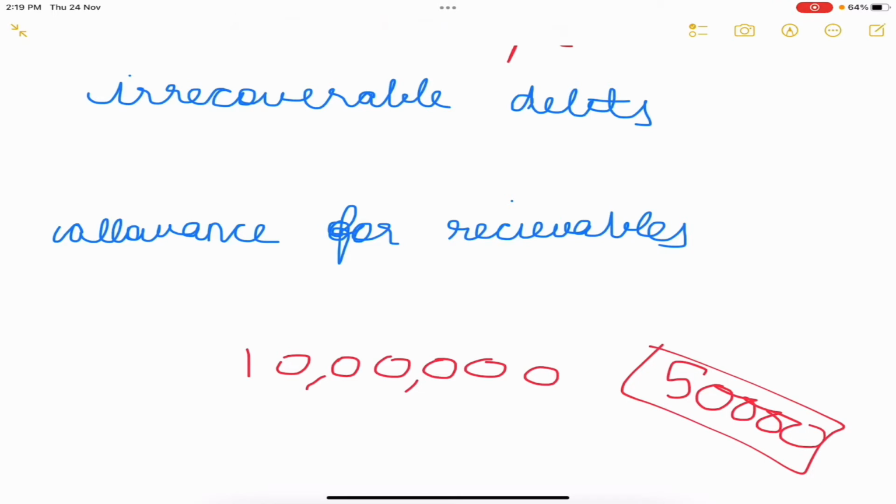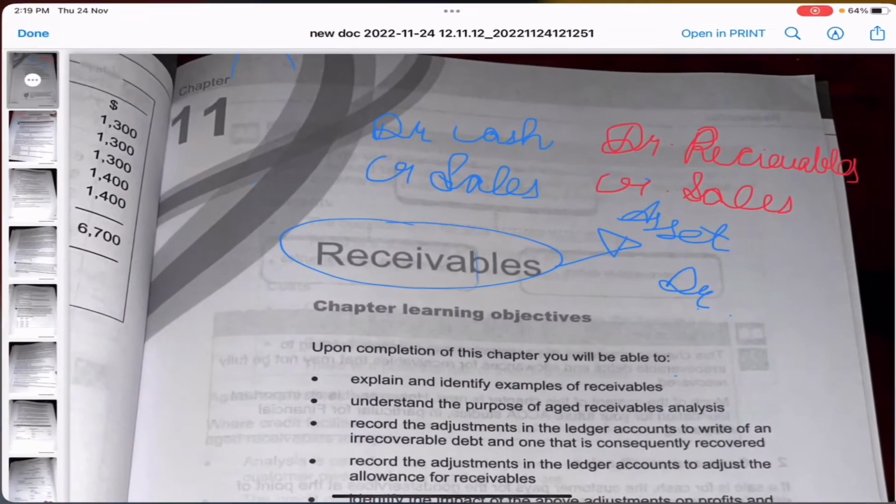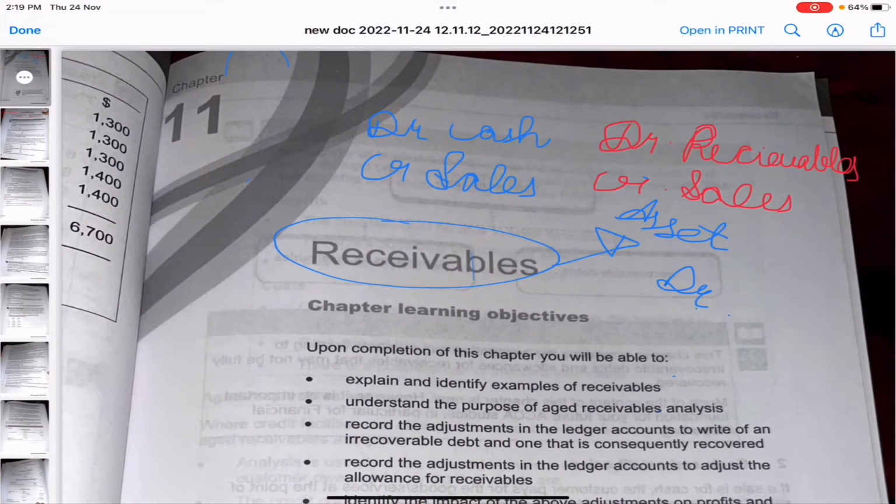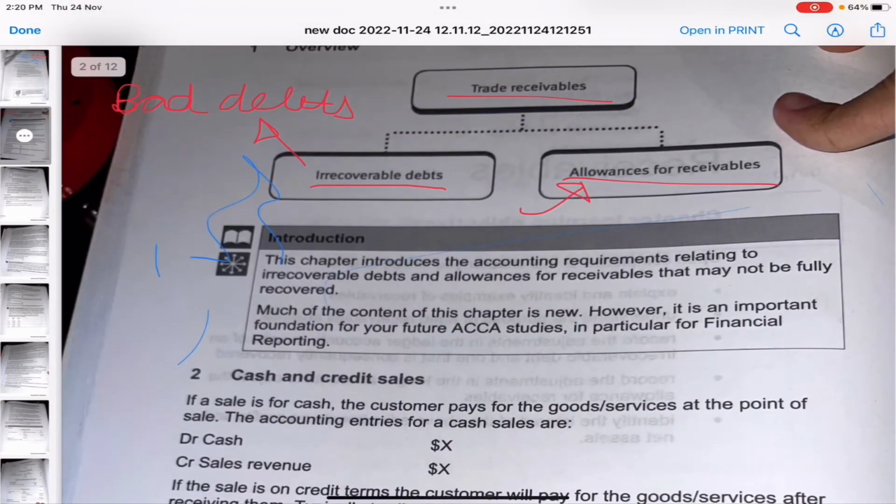So, to handle that situation, we are setting aside an allowance, which is nothing but allowance for irrecoverable debts, allowance for receivables. And now you all know that provision for receivables is always a liability because the balance of provisions is credit. So that is what allowance for receivable and irrecoverable debts is.